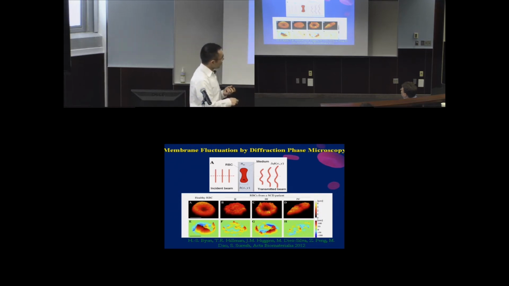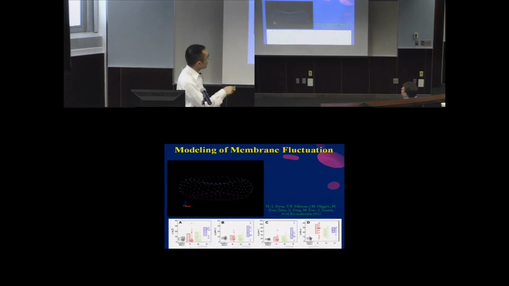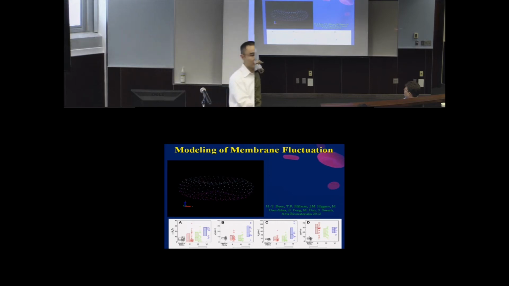After we get this experimental data, the question is how we can extract the mechanical properties for different cells. We have an analytical model, but it's only for a spherical cell. That's not accurate. That's why we use our dissipative particle dynamics to simulate how the cell vibrates. Then we can extract the bending stiffness, shear modulus, area modulus, even the viscosity inside the cell.